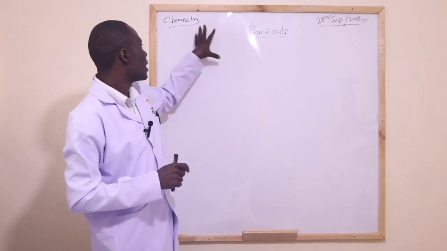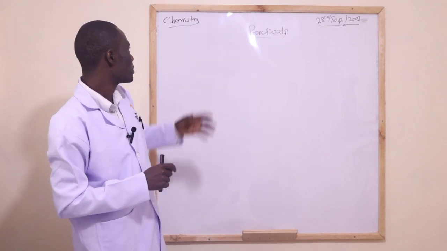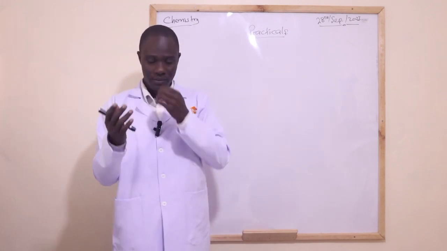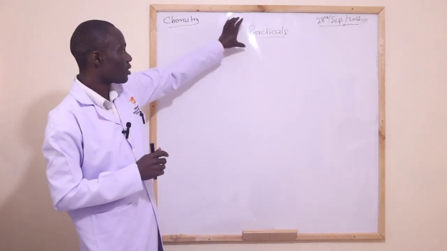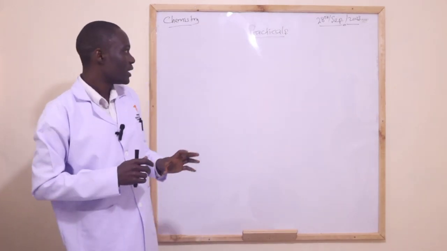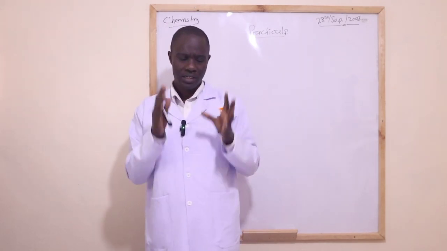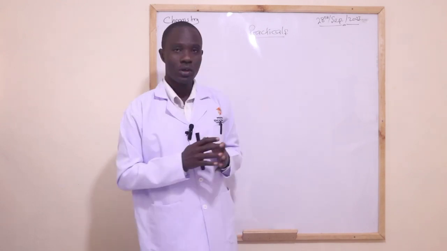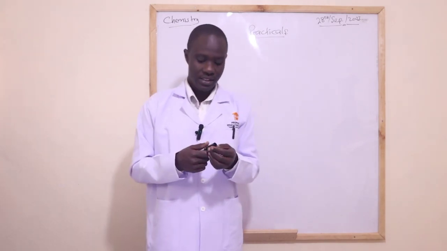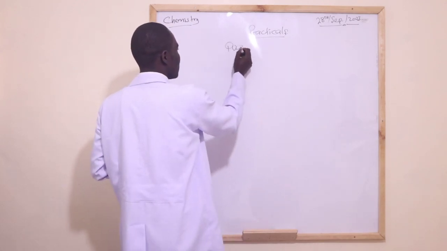Behind me is the wall that I'll be using to write. About the practicals, this is Paper 3, and there are two main parts of practicals in chemistry. The first one is quantitative analysis.